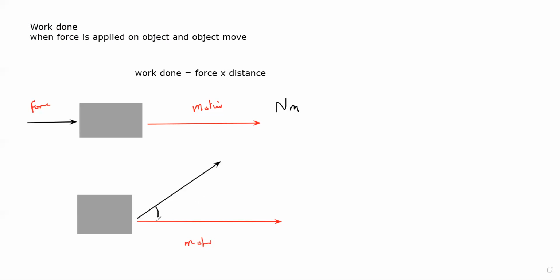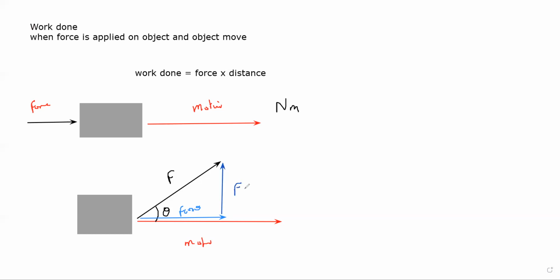The force is making a certain angle theta, so we will have two components of the force. The horizontal component will be equal to F cos theta, and the other one, the vertical component of the force, is F sin theta.